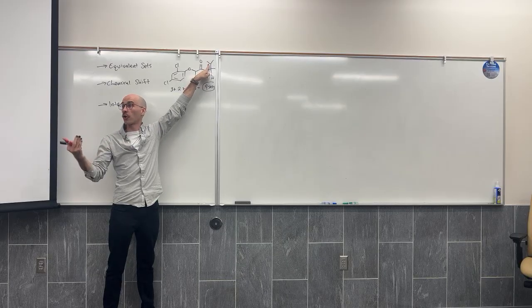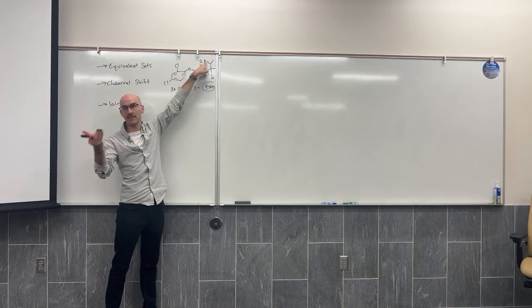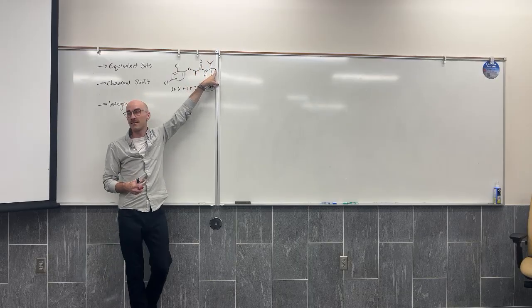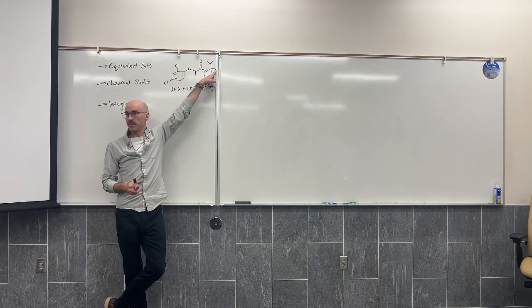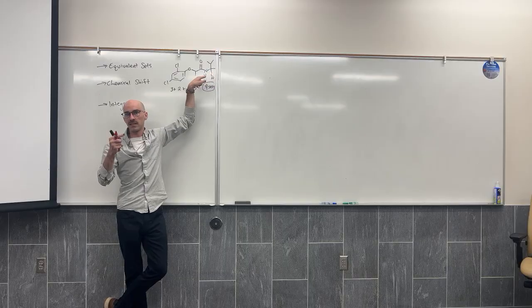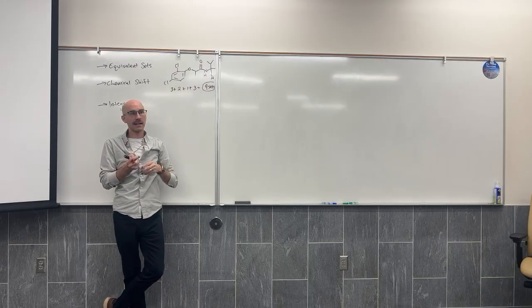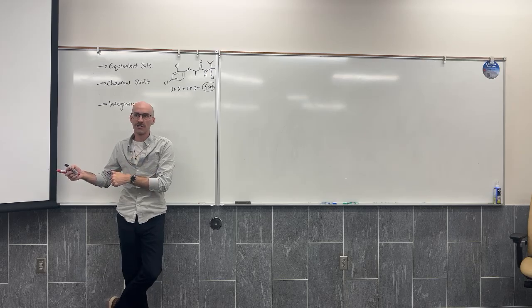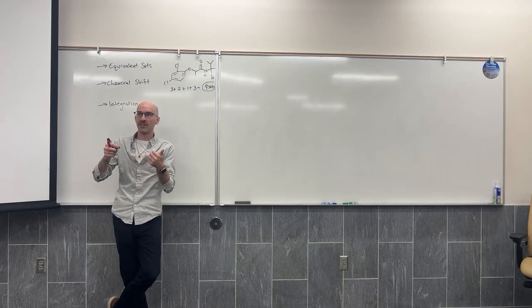By having more carbons around it, more electronegative atoms. By having less carbons, less electronegative atoms. And these two methyl groups show up furthest to the right, even compared to this methyl group, because this methyl group is adjacent to the nitrile and to the amide. So by being more functional group adjacent, it shifts further to the left.